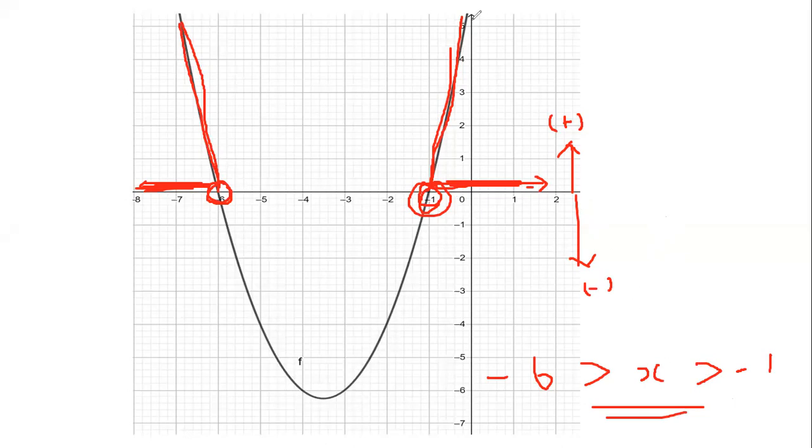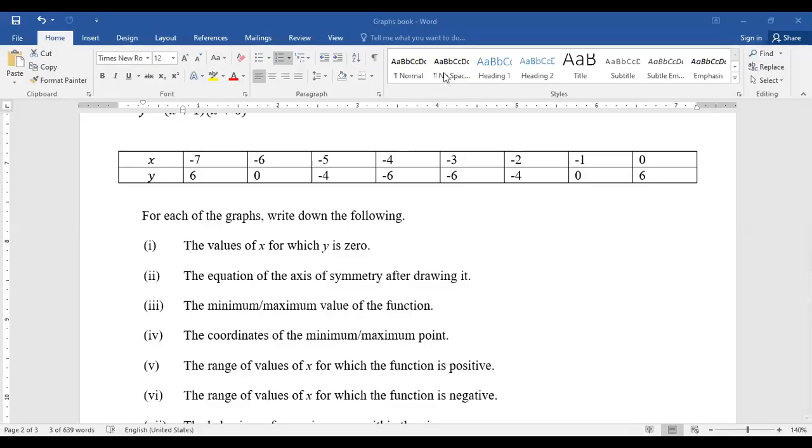Right. Now we'll move to the next question. Roman number 6. Now you can see the range of values of x for which the function is negative. Now move to the graph here.